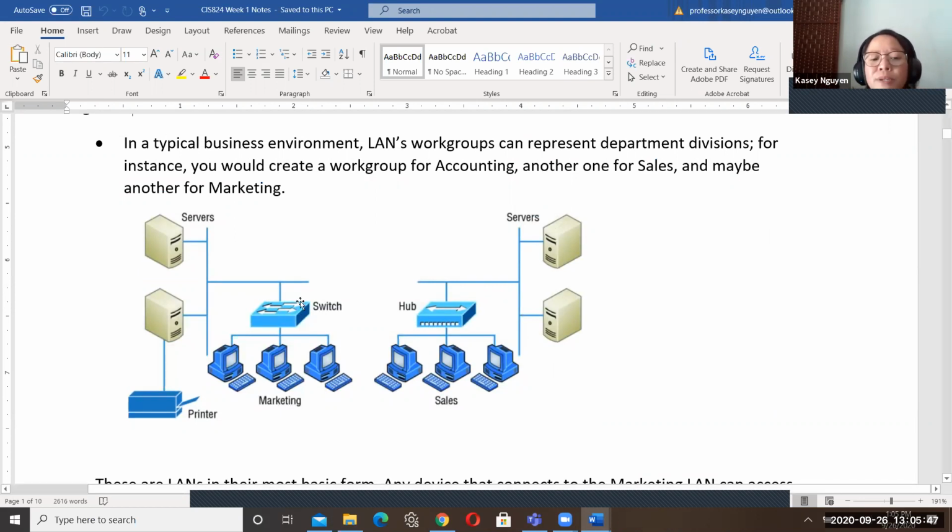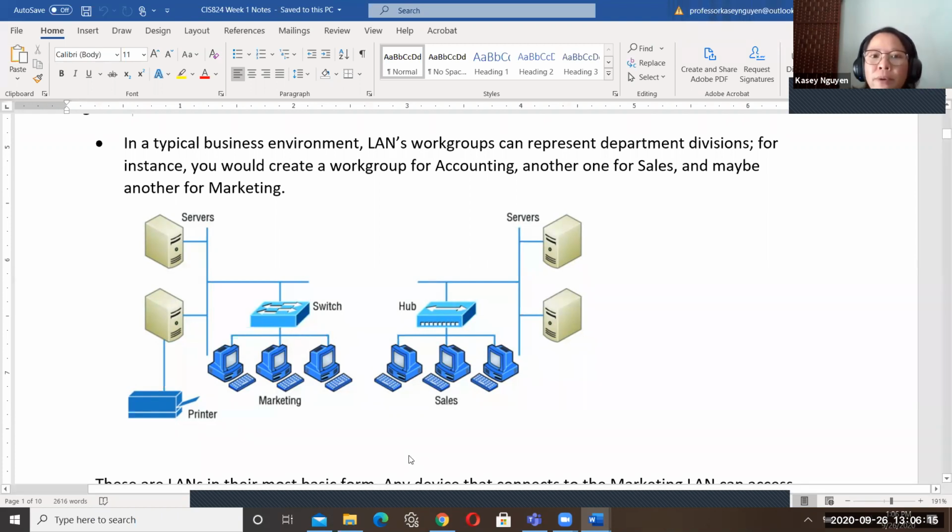The difference between a switch and a hub is that a switch can be managed, meaning that we can access its OS, there's an operating system in the switches, or its software tool, configure it so that way we can enable a certain connection point, a port, or we can disable a certain connection point.